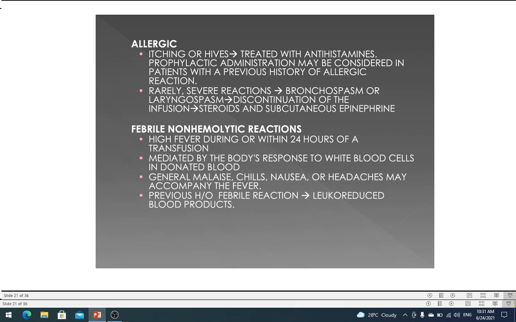If you have seen patients with blood transfusion, this is a comparatively common problem. So in a patient who has had a previous febrile reaction to the leukocytes, the next time you can remove the leukocytes from the donor blood before you give it to the patient.